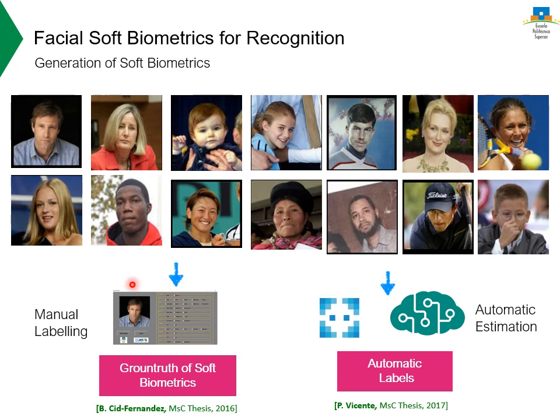So we applied manual labeling and automatic labeling, and if you are interested, I can provide you some additional work. For example, here you can see that from all the images we can easily extract the age, the ethnicity, gender, and so on. And this can be labeled as a ground truth manually using a tool that we developed here, and we can compare this with automatic labels.